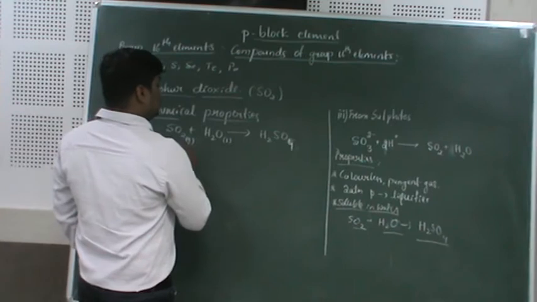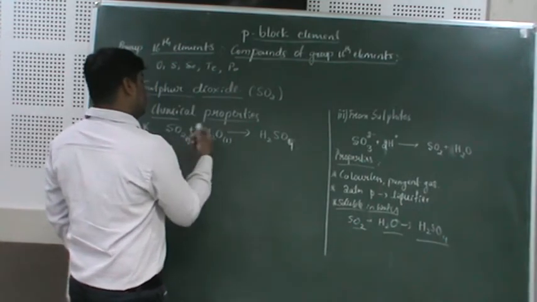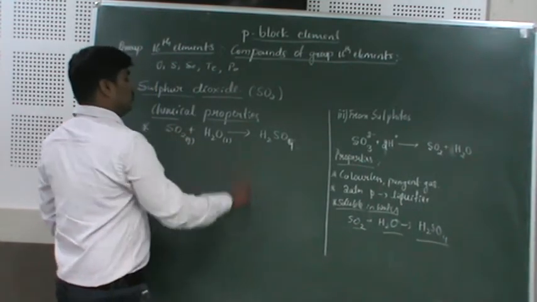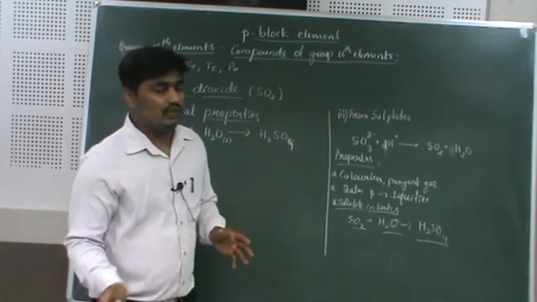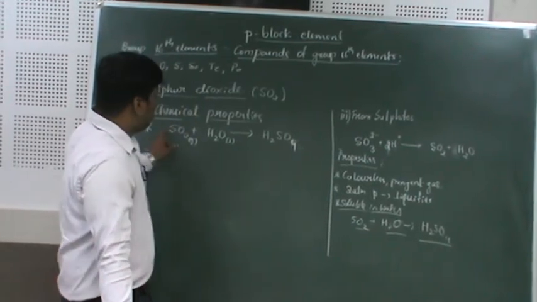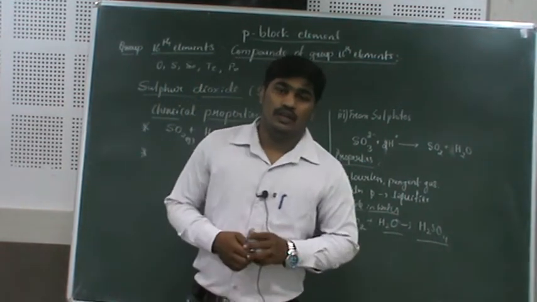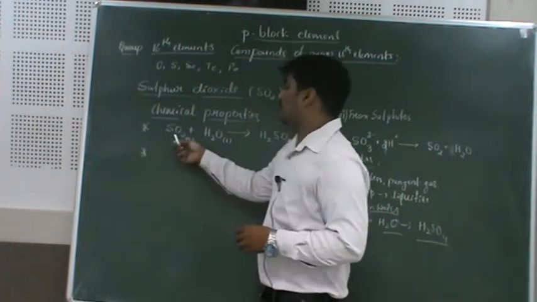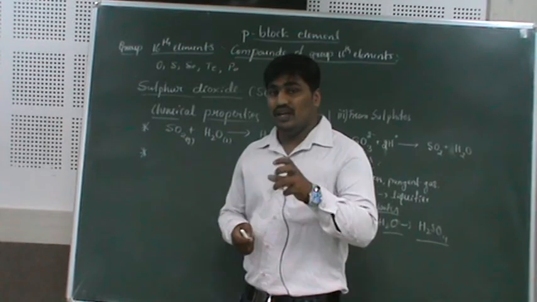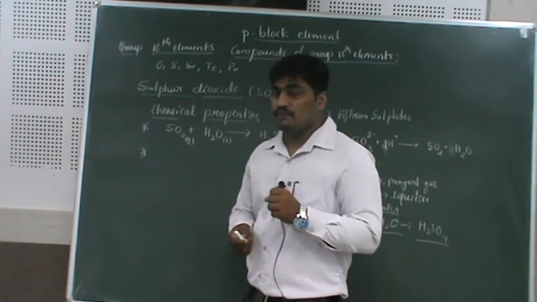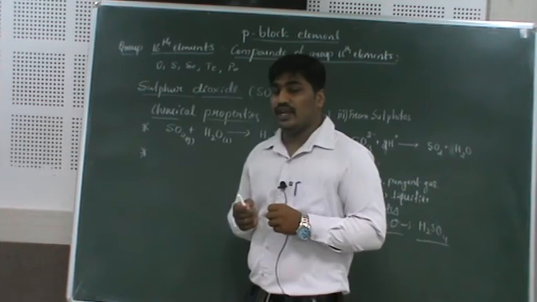To balance this equation, multiply by 2 and 2. The balancing is not required here. So it's a general thing, a very important thing for your knowledge also. When sulfur dioxide reacts with moisture, it gets converted into sulfuric acid.